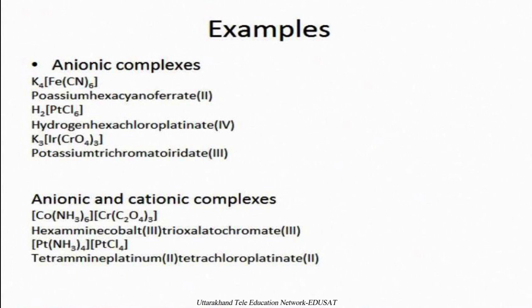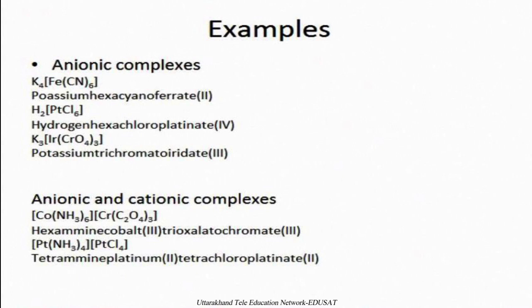Here is an example of anionic and cationic complexes together. We have to start from the left hand side. Here on the left side we have hexaammine cobalt and its oxidation state of 3. On the right hand side we have trioxalato chromate(III).